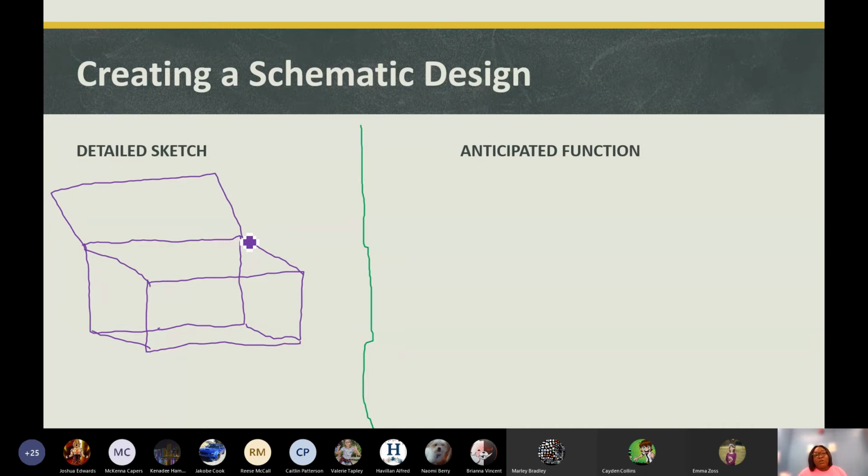So I've drawn my solar cooker. That's not half bad. Go, Miss Neville. So I would draw my solar cooker here.